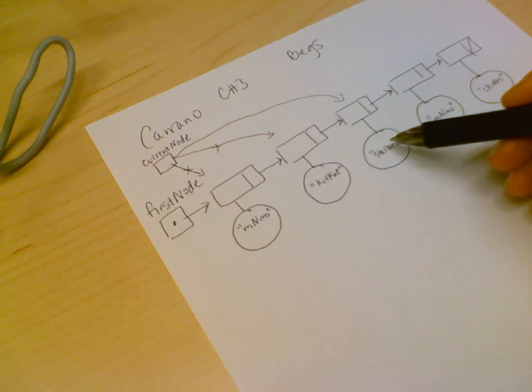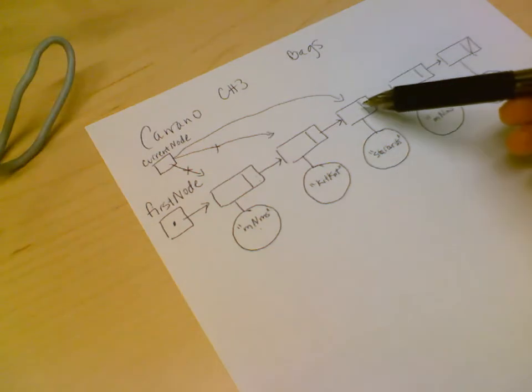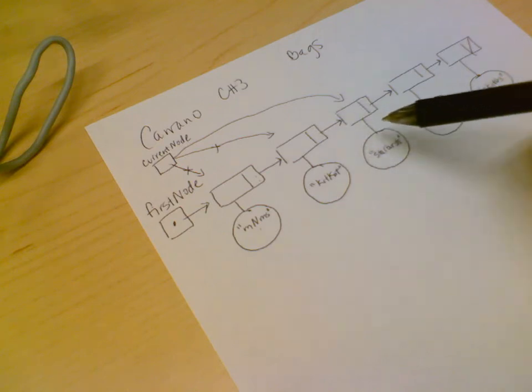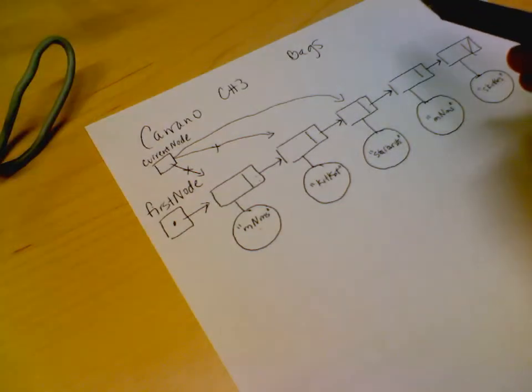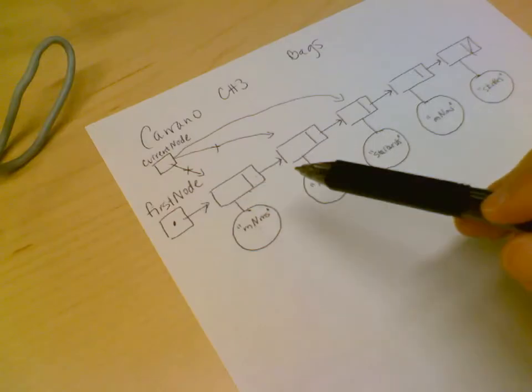Now, some implementations may try to then take this whole node out of the chain. That's a little bit tricky because we don't want to keep around the reference information from the previous node. So in this case, we are going to take advantage of the fact that it's easy to remove the first node.